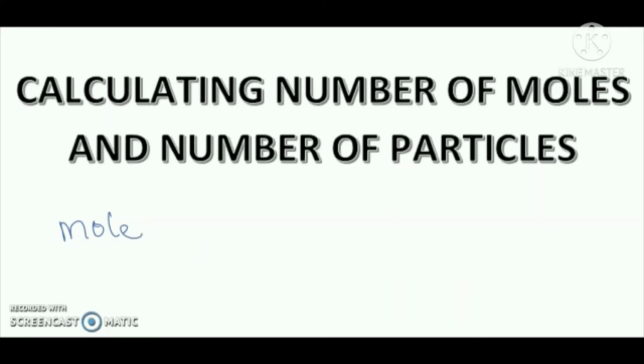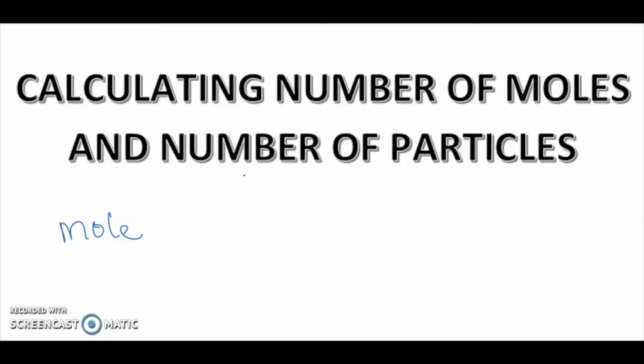That's the counting unit in chemistry. Now, the number of carbon atoms in exactly 12 grams of carbon-12 isotope is chosen as the standard. So, what is the mole? Simply put, the mole is a unit of measurement of the amount of a substance.